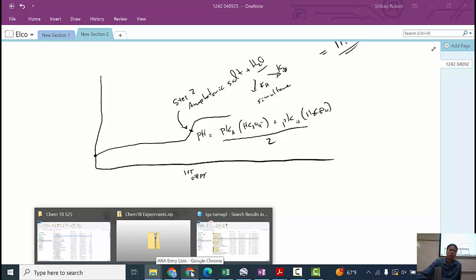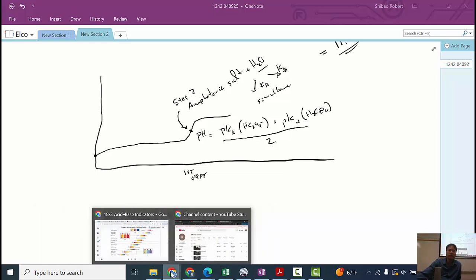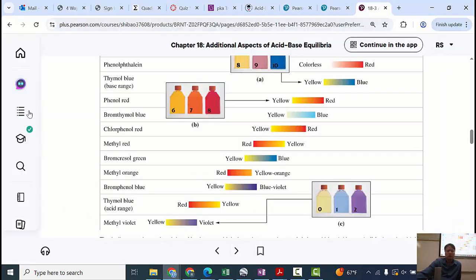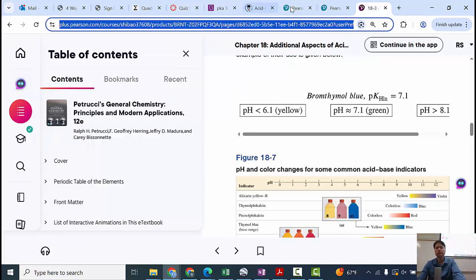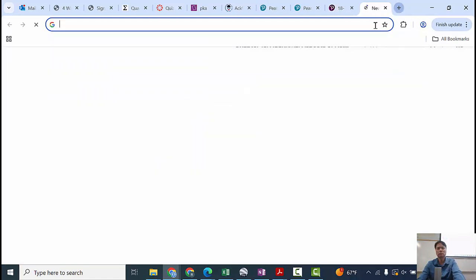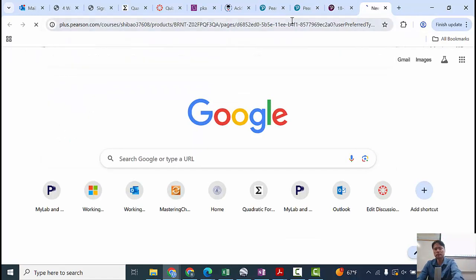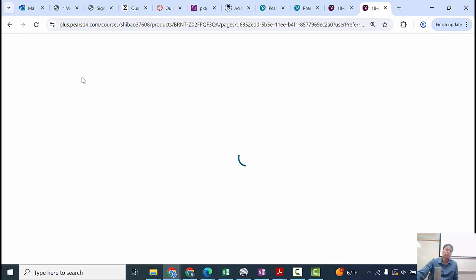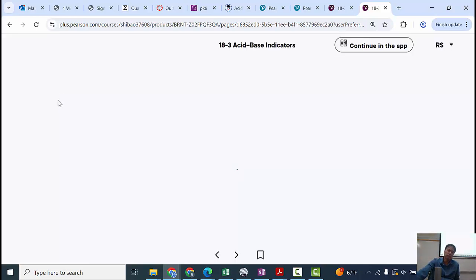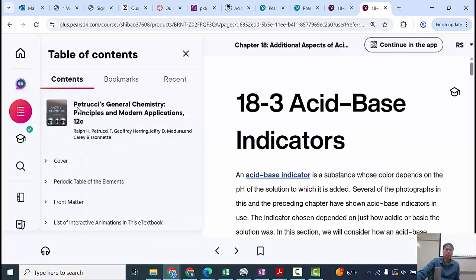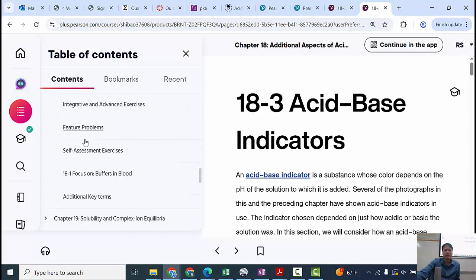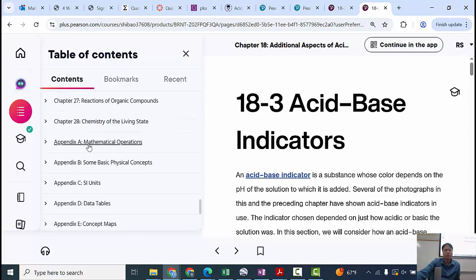I don't have the room's chart here. I'm just going to use the book's value. So I could either go back to chapter 17 or I could use appendix D. I don't know which one's going to be faster.